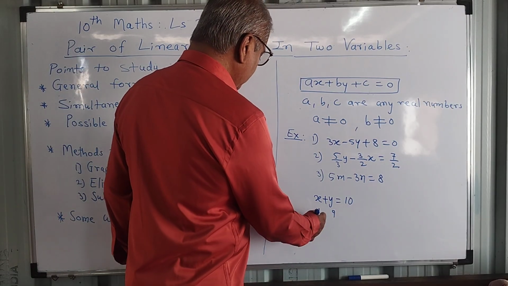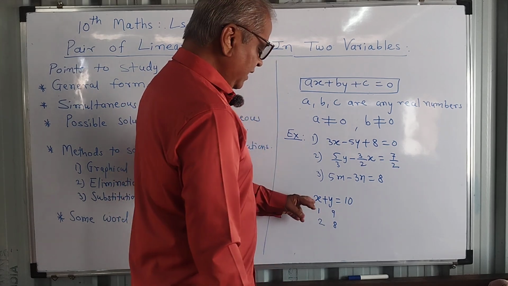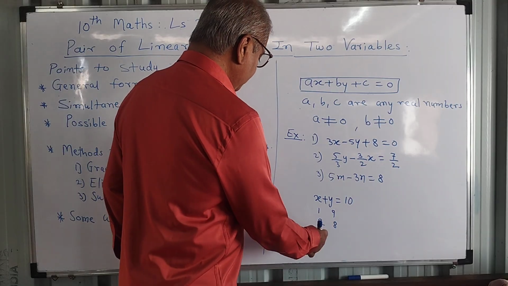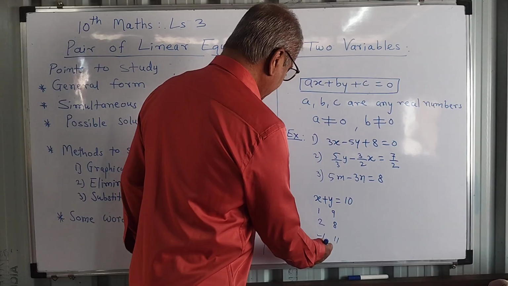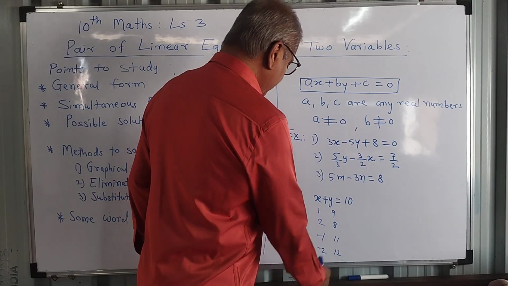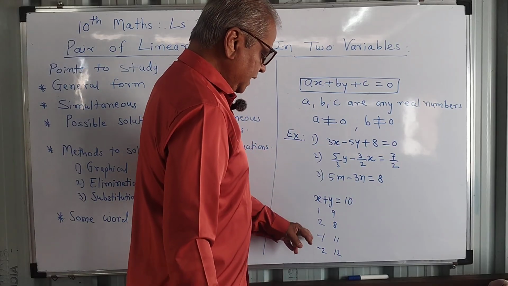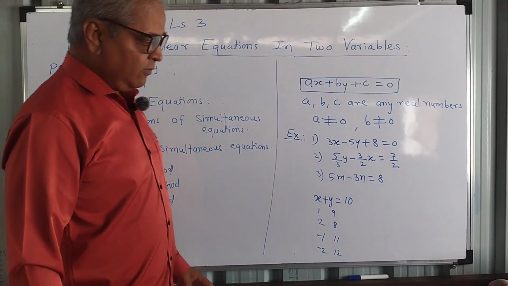If you put x is equal to 2, y is equal to 8. As we change the value of x, we will get a new value of y. If you take -1 it will be 11. If you take -2 y will be 12. So to get x plus y is equal to 10, if you change the value of x accordingly, we will get a new value for y.